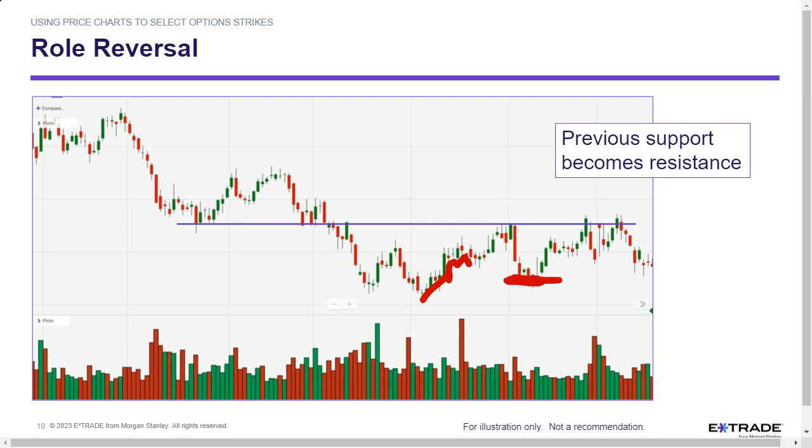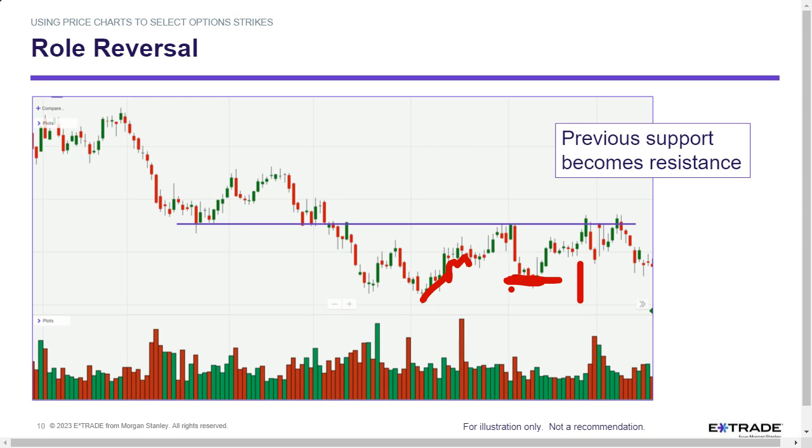I'm going to call that choice number one. Would I want to sell that down there knowing what I know about the role reversal? The answer is probably not. Why? Because based on the role reversal, this level down here is a level that I would expect the stock to be trading at. And remember, with a covered call, typically you're doing that for income.